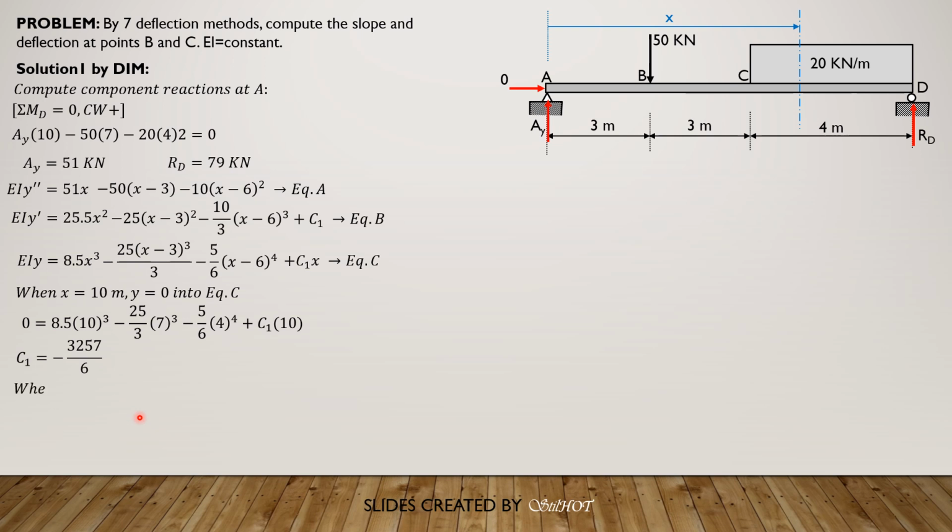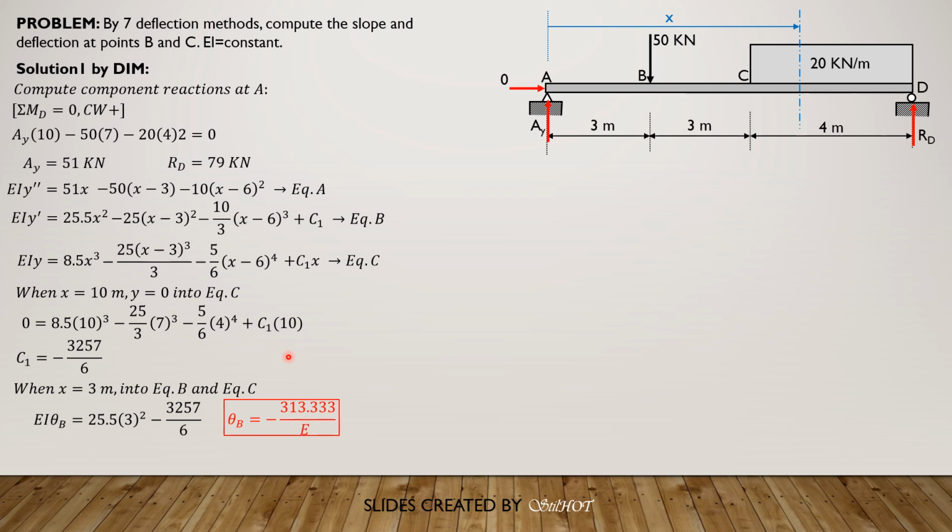Now we can set x equals 3 and solve for slope and deflection at B. So when x is 3, substitute in equation B. EI theta B equals 25.5 times 3 squared. This term is 0, ignored because the value inside the parenthesis is negative. Then plus c sub 1, negative 3257 over 6.